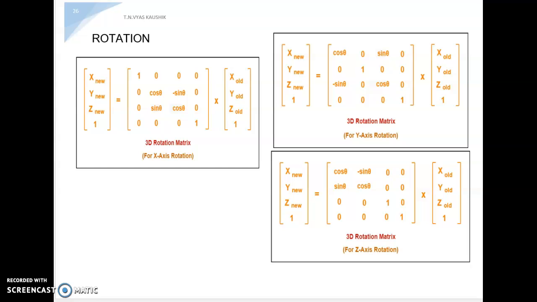With the 2D concept we can understand very easily that there is just an extra coordinate, and this is the matrix of x-axis rotation, this is the matrix of y-axis rotation, and this is the matrix of z-axis rotation. It will be better if you remember all 3 matrices, so that it will be easier for you to plot and solve the problems, if any.